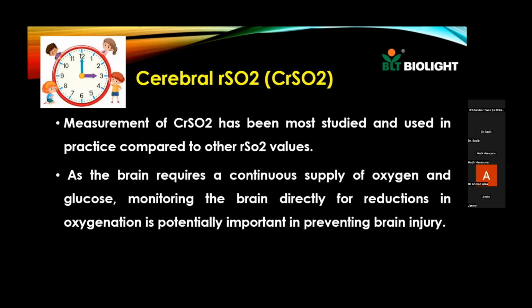It can withstand hypoxia for only 4 minutes in children. More than that would cause severe damage to the brain. It requires a continuous supply of oxygen and glucose, and monitoring the brain directly to detect reduced oxygenation is potentially important in preventing brain injury.